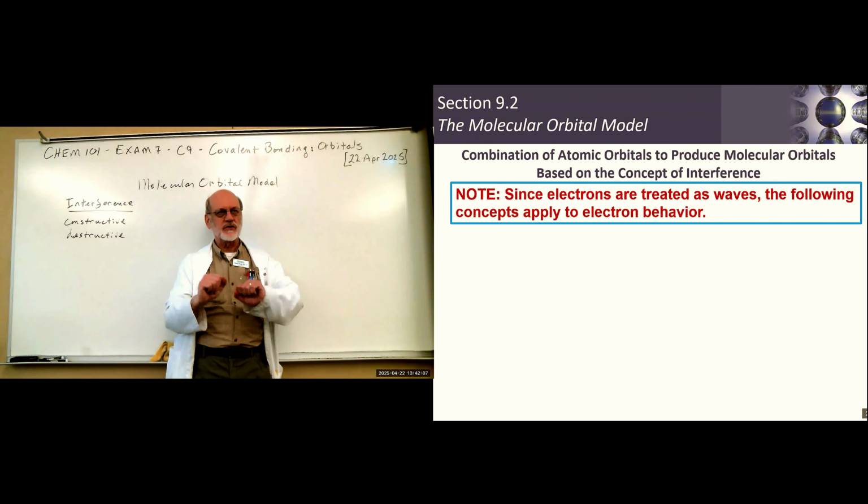So when two overlapping waves encounter one another, we say they are superposed on one another. This concept of superposition. And interference happens when we consider the summation of their amplitudes. Right?